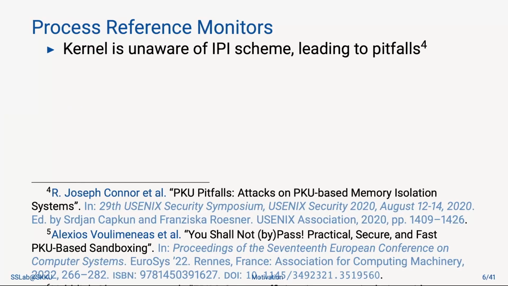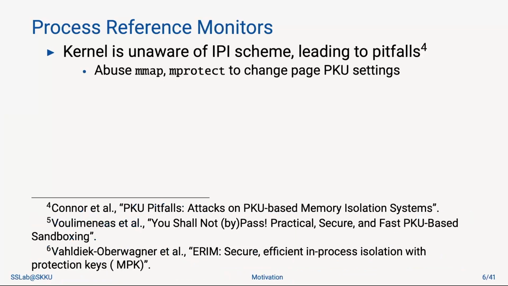The need for a process reference monitor came from the fact that the kernel is unaware of the in-process isolation scheme, leading to pitfalls. For example, some processes may abuse system calls such as mmap and mprotect to overcome the page-based isolation, for example, used in Intel PKU.